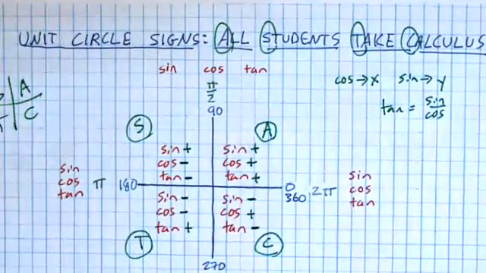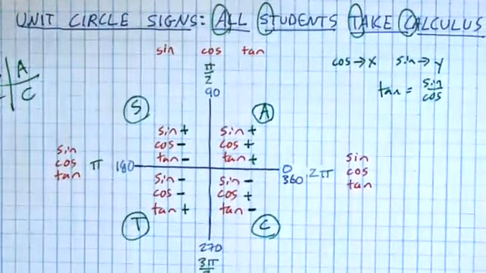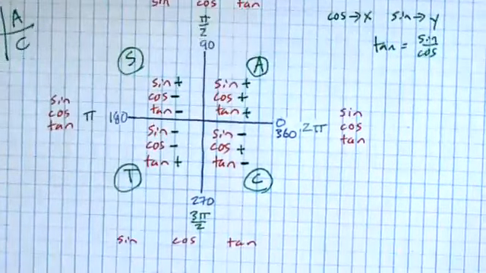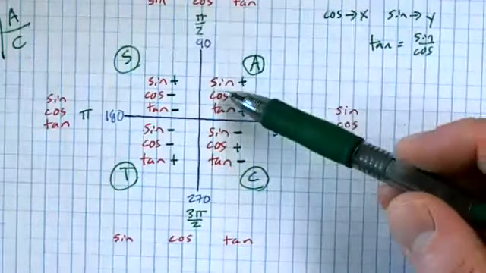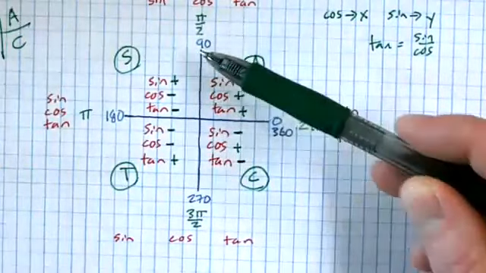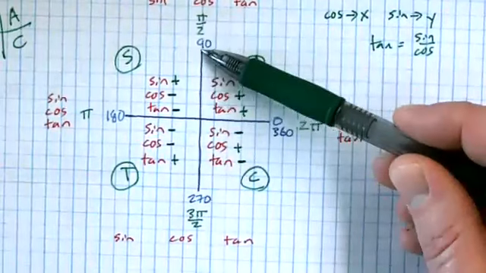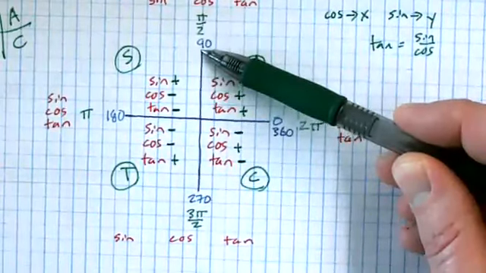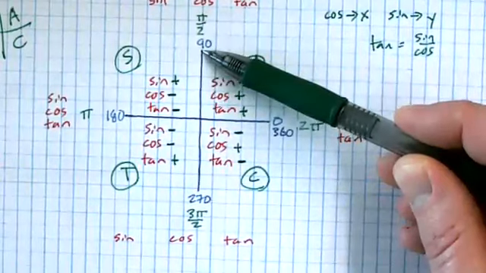All right, can we talk about the quadrantals? Are we feeling good about the quadrants? The quadrantals are the barriers in between the quadrants. So think about at 90 degrees. What's going on with our x and y coordinates at 90 degrees? The x coordinate is 0, correct?